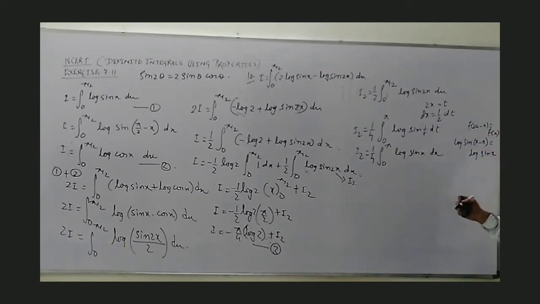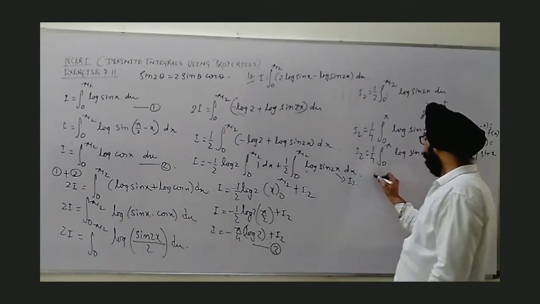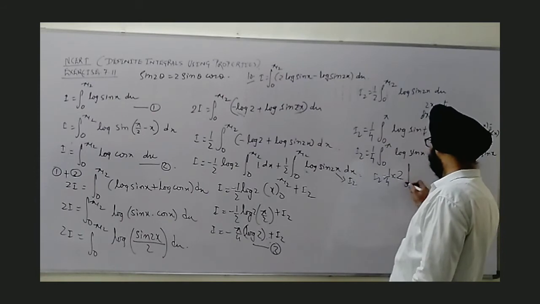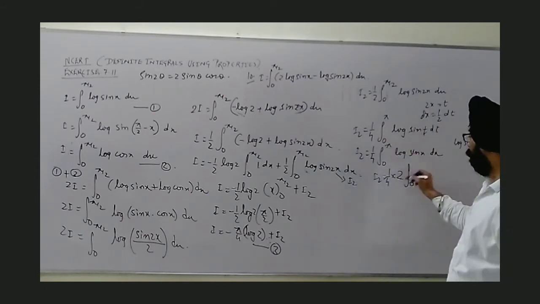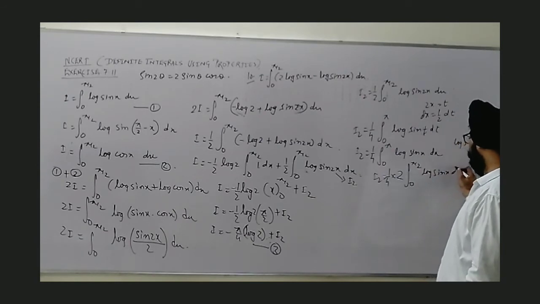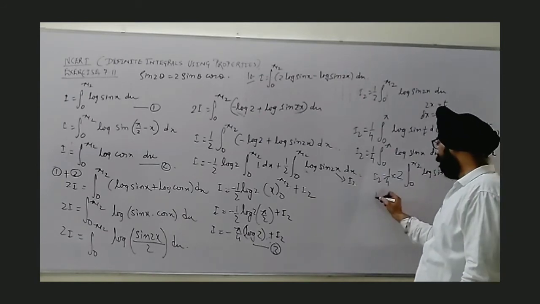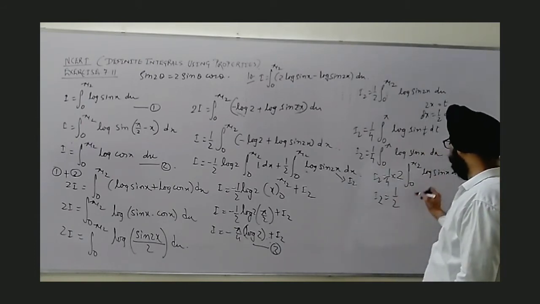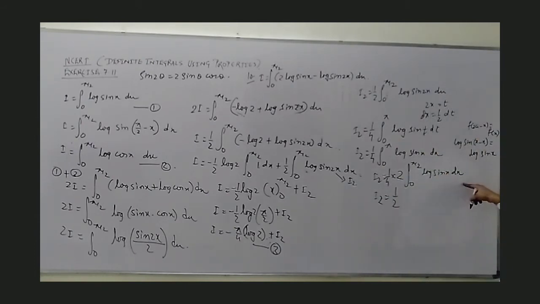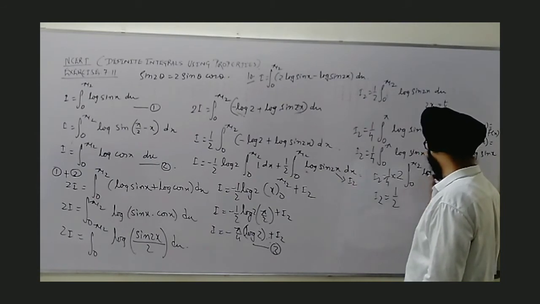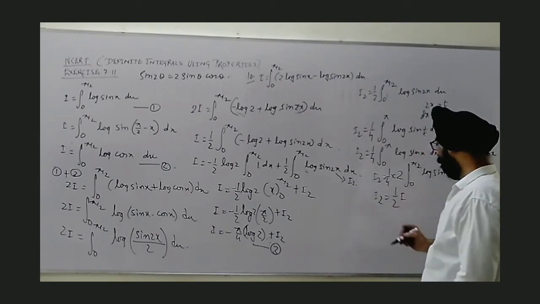Then property number 6 says that we can write I2 as 1 by 4 into twice the integral from 0 to half of this value, meaning pi by 2, of log sin x as it is. It becomes I2 equal to 1 by 2 times the integral 0 to pi by 2 log sin x, which we have seen is equal to I again.